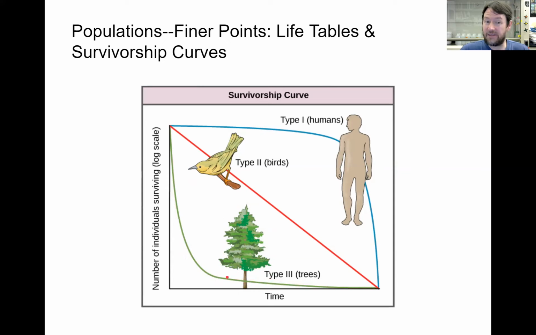Some other examples of this might be like salmon. Salmon have, I think, like 2,000 eggs on average, maybe more, or maybe it's 10,000. I forget. It's thousands, right? And of those eggs, maybe half of them hatch and become fry, and then those fry are swimming around in the rivers and streams, and they're very susceptible to predators.